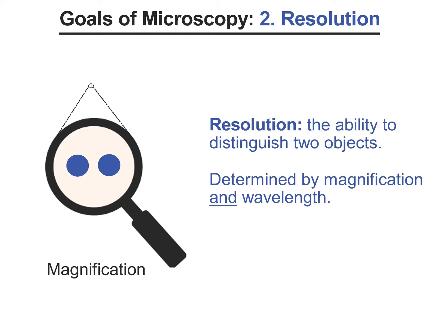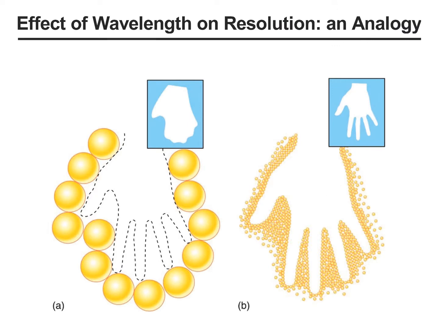Let's consider the following analogy to describe what I mean here. Let's say we want to illustrate the shape of a person's hand. Using large balls in the example on the left, we get a very poor representation of the hand. But with much smaller balls surrounding the hand, we have a much more accurate outline.